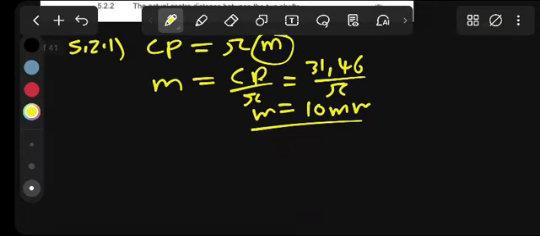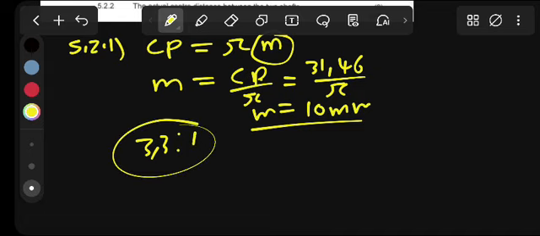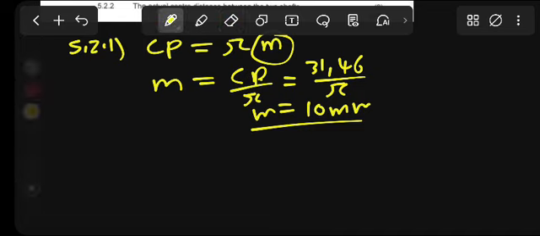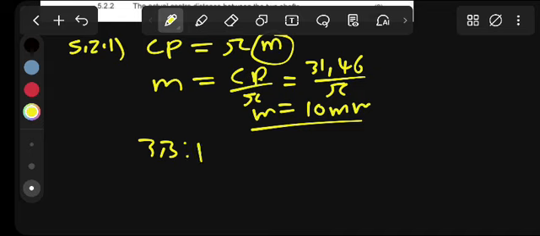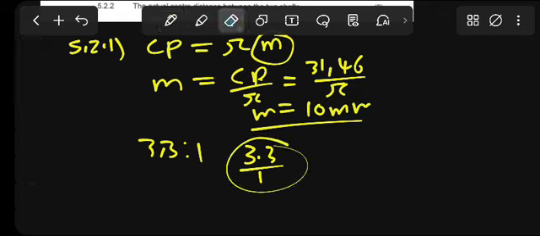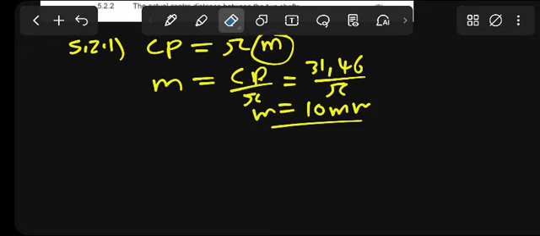If you are given something like this, this can be written as 3.3 divided by 1 in the form of a fraction.